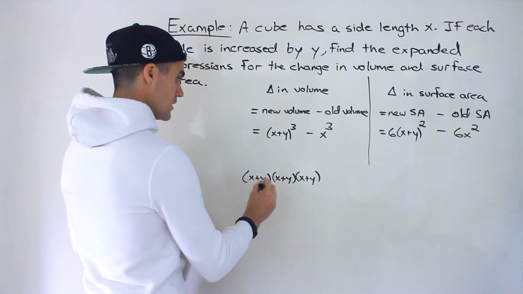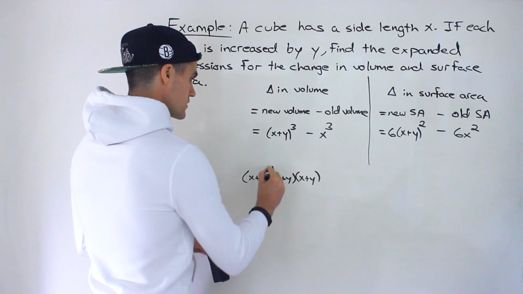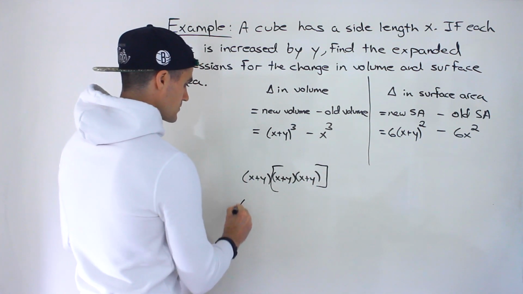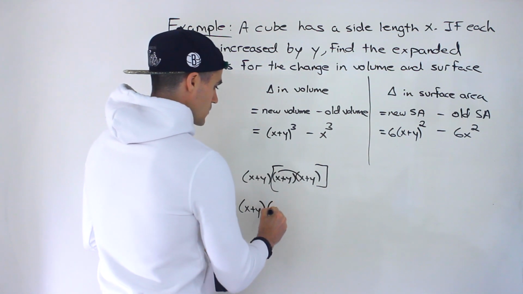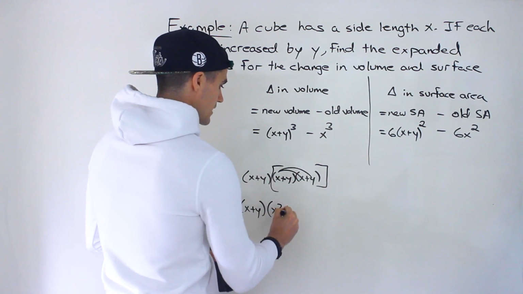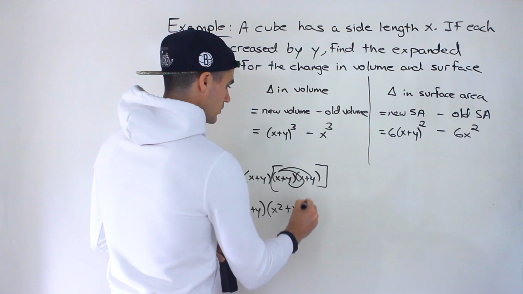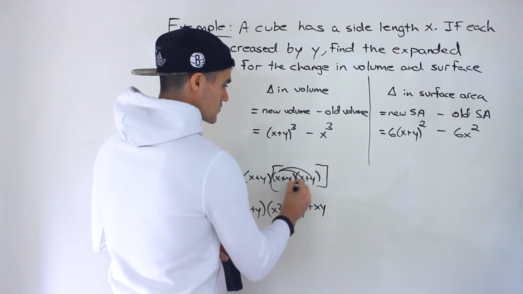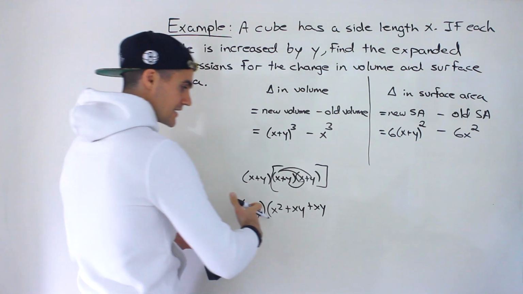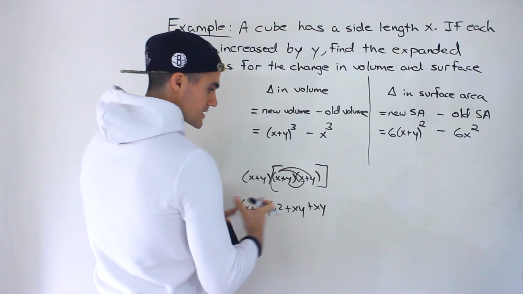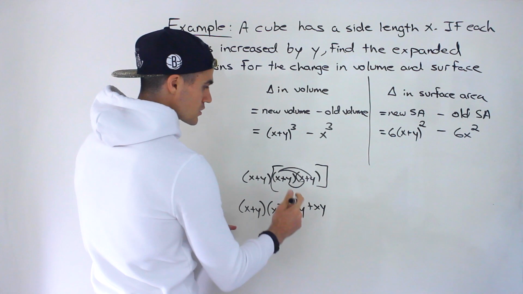So what I'm going to do, let's multiply these two first, and then I'll keep this x plus y on the outside. So we'll have x squared plus xy plus xy. This is yx, but I've mentioned this before, always try to keep everything in alphabetical order if you're mixing variables, just so you can notice the like terms easier.